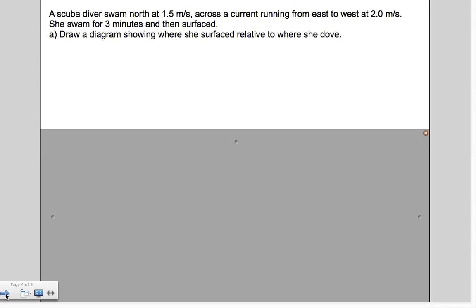She swam for 3 minutes and then surfaced. So it's like the airplane question. I want to give an example of a question that has directions in it. The first part is to draw a diagram showing where she surfaced relative to where she dove.